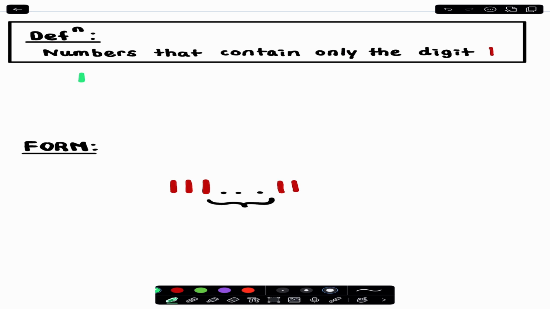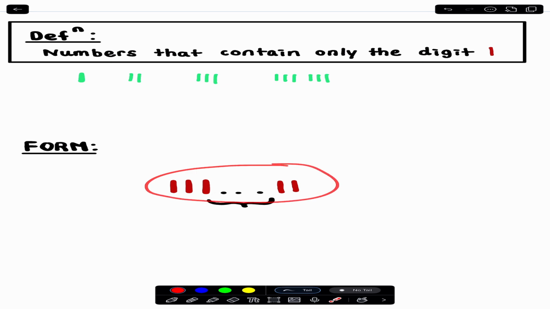Anyways, the number 1 is a rep unit. 11 is a rep unit. 111, even this big number, 111,111, because all of these numbers only contain the digit 1. So this would be their basic form: just a bunch of 1s repeated however many times. Over here, this space is filled with just a bunch of 1s. Okay, great.